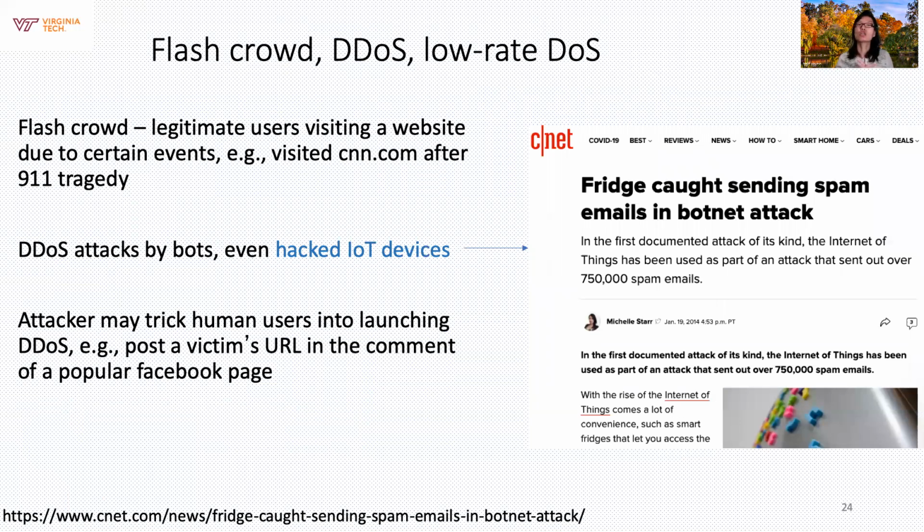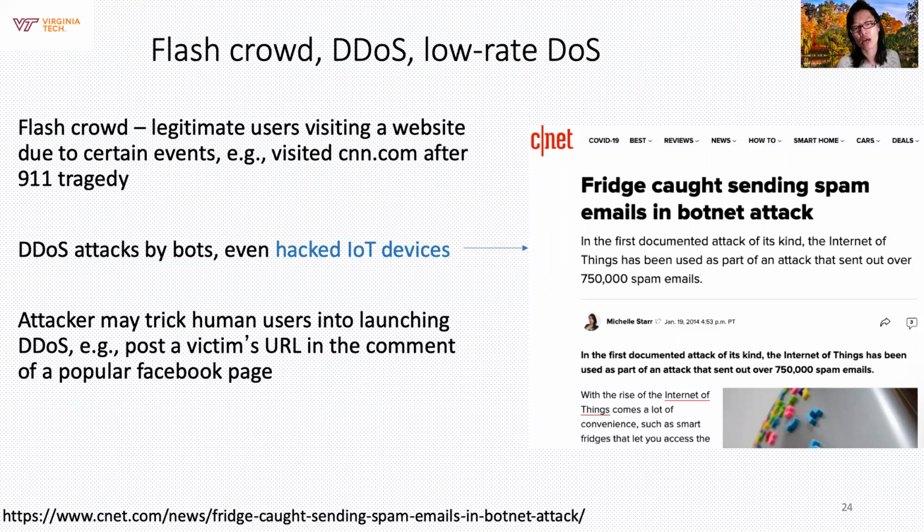In general, you don't want to have this type of unexpected surge of connections. Sometimes in rare events, say post 9/11, there are a lot of flash crowds visiting news websites, and those are legitimate requests. IoT devices now were reported to generate a huge amount of spam messages.